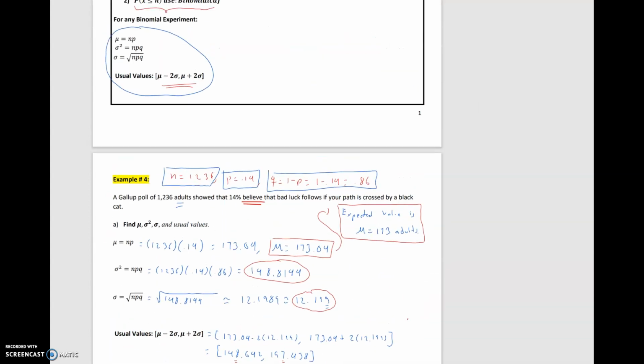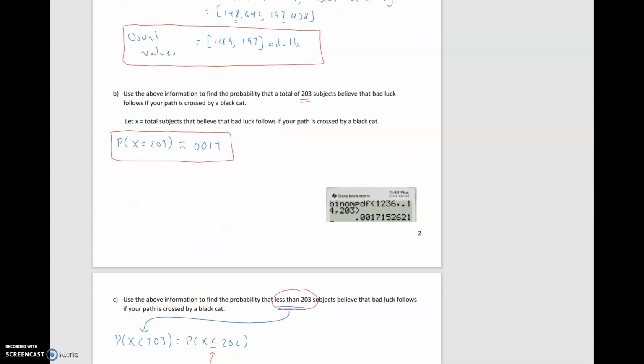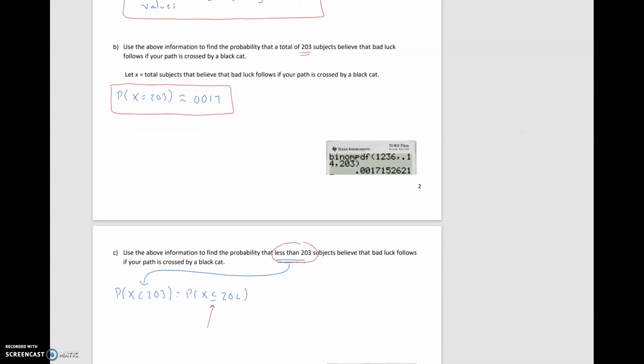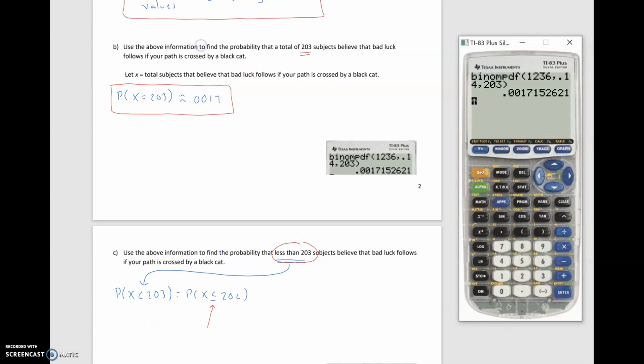And once you round down, you're going to be using the proper command, which is going to be the CDF. So let me pull out the calculator. Once again, you're going to do the binomial, but this one is going to be the CDF. And then the 1236, comma 0.14, and then the 202.